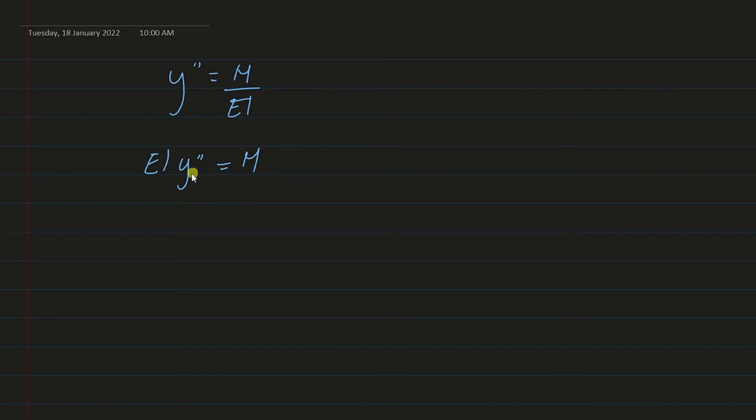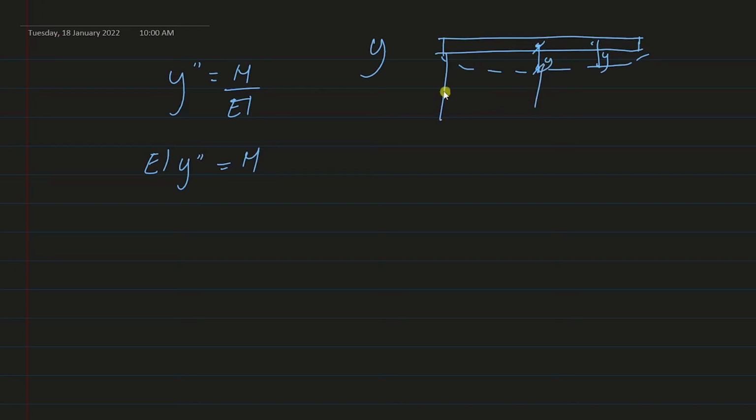Now, Y double prime is the second derivative. And yung hinahanap natin is Y. This Y is the deflection. Kasi kung ito yung beam natin, di ba? And nag-deflection ng ganyan, yung distance from dito papunta dyan, that's the Y. Okay? This distance papunta dyan, that's our Y. And our X value is this.